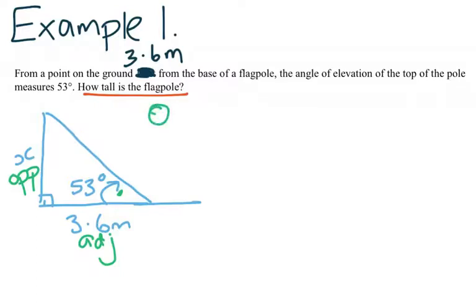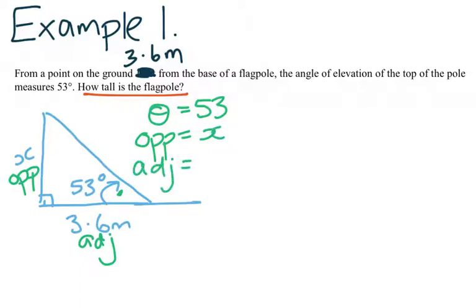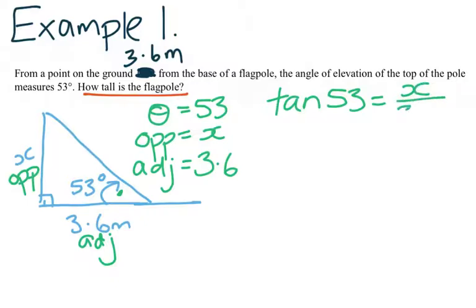So again, I will write down here what I know. So the angle is 53. The opposite side is X. And the adjacent side is 3.6. Then we put it into our formula. So it was tan of the angle is equal to the opposite divided by the adjacent.